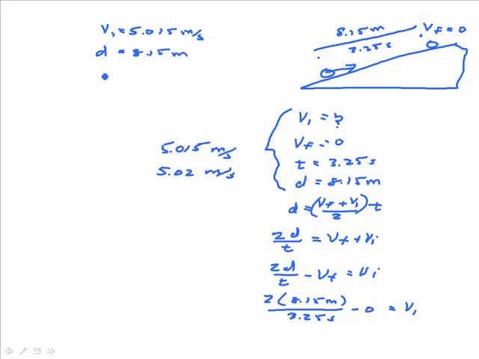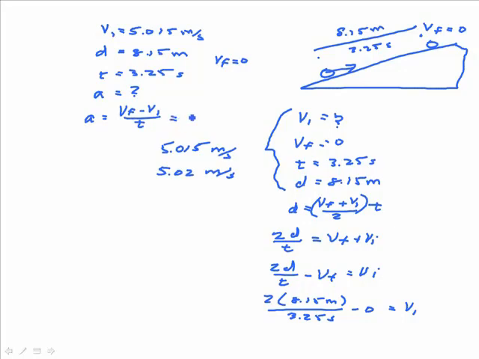The time was 3.25 seconds, and we want to know what the acceleration was. We might want to look at using this equation where a is equal to, and we of course also know that Vf is equal to 0.